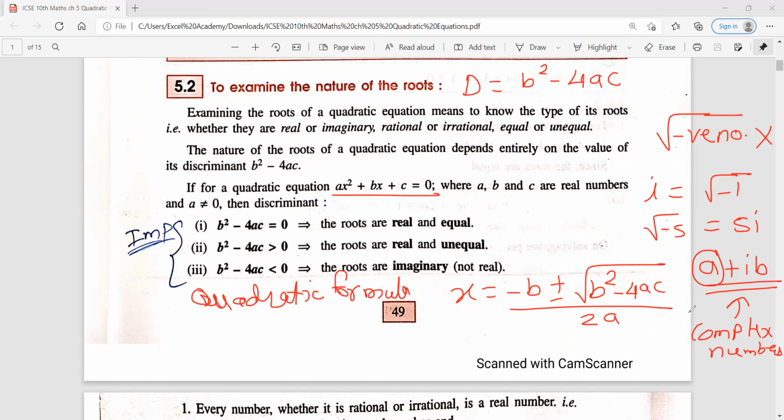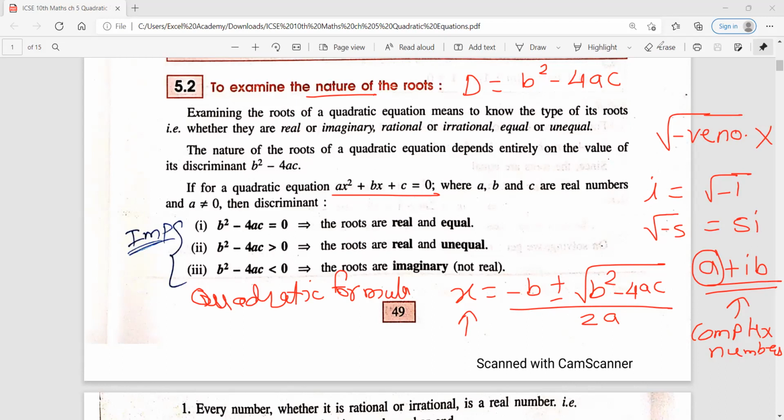So that's why, to determine the nature of roots, we use the discriminant. So you don't have to find the actual roots. Before that, you can determine whether the roots are going to be real, equal or unequal, and whether the roots are not going to be real, that is imaginary.